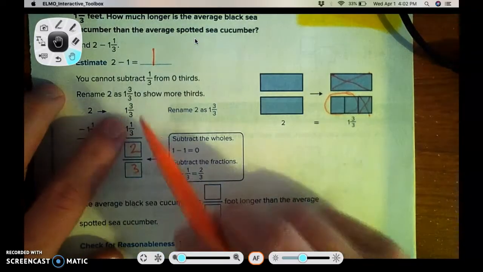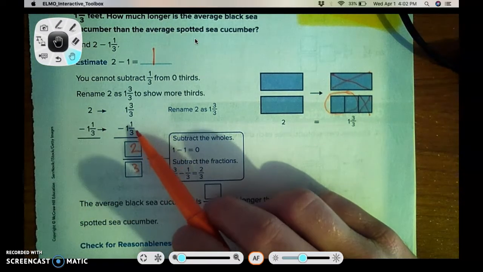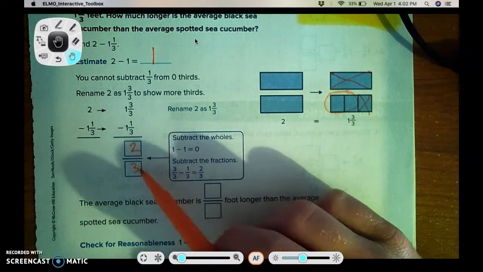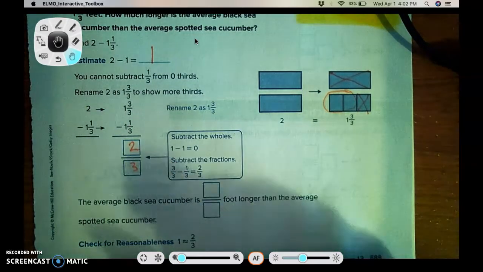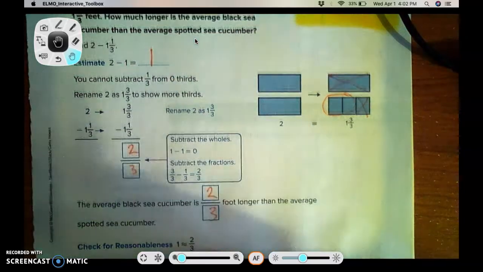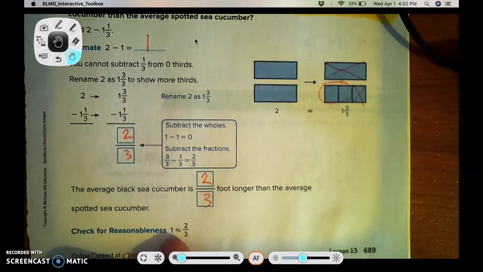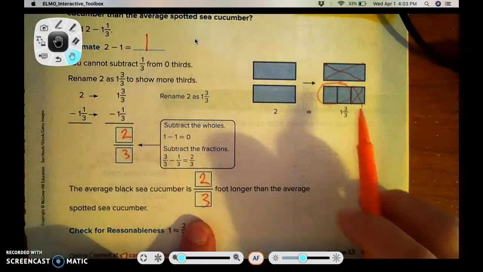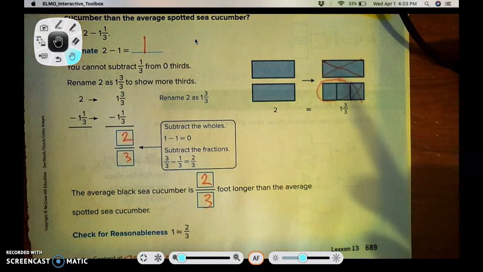Another way to look at it is they took 3/3 minus 1/3, so we had 2/3, and then they took our whole minus our whole to give us nothing. So the average black sea cucumber is about 2/3 of a foot longer than the average spotted sea cucumber, and our answer was pretty close to our estimate because 2/3 is almost a whole. So we'll try a couple more like those.